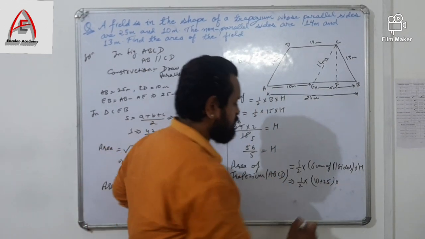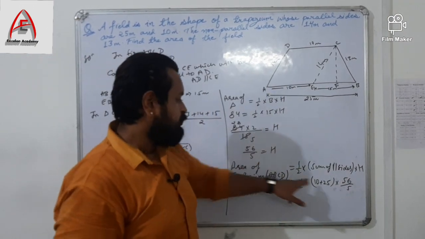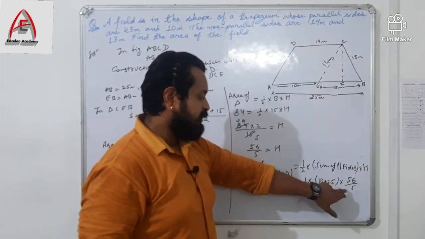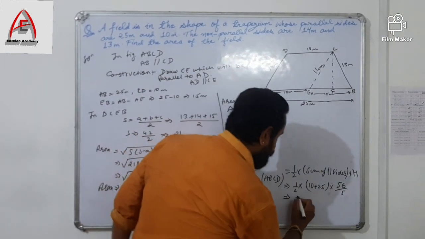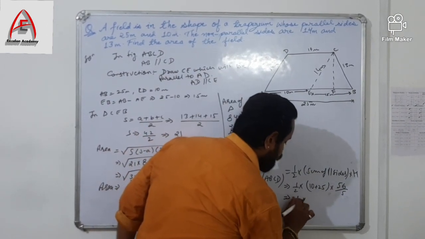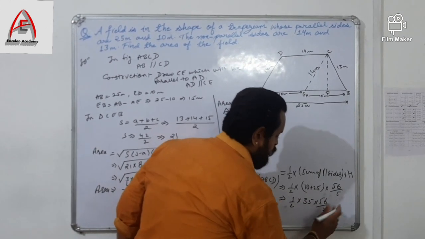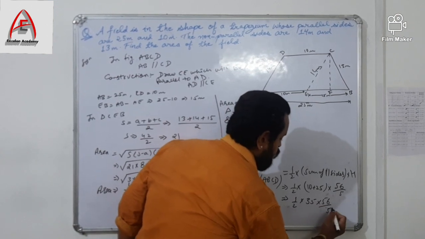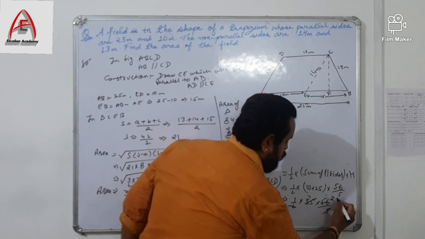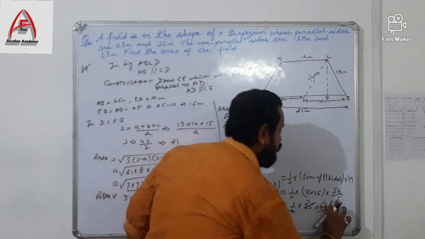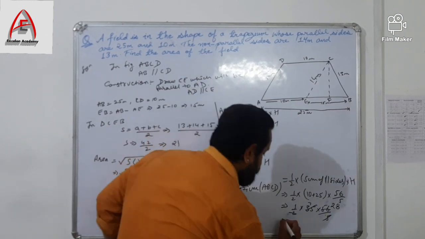Height is 56 upon 5. No need to change this 56 upon 5 into decimal, because it is directly used here, and this will make the calculation easier. Half into 35 into 56 upon 5. 5 7s are 35 and 2 into 28. 2 2s are 4 and 2 8s are 16.